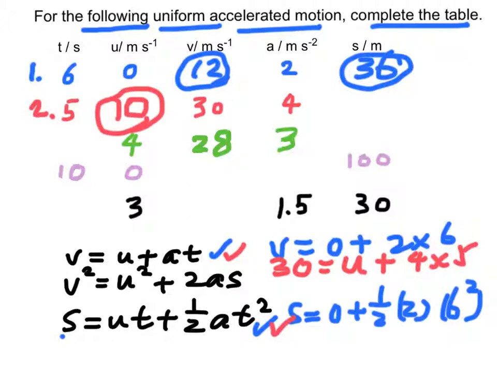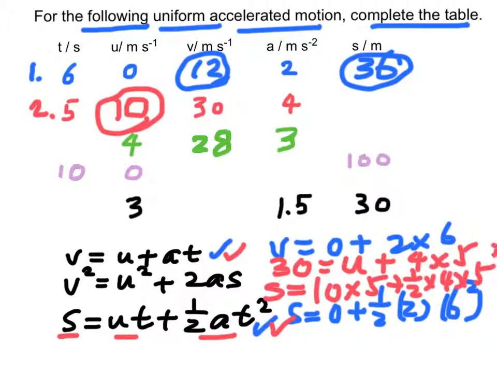Again, using s equal to ut plus half at squared, we have s equal to 10 times 5 plus half times 4 times square of 5. Therefore, s equal to 100 meters.